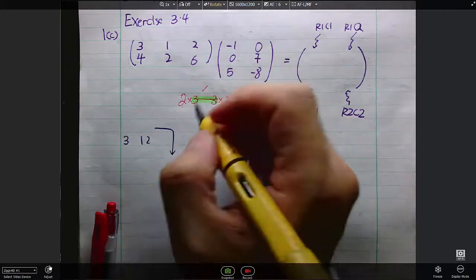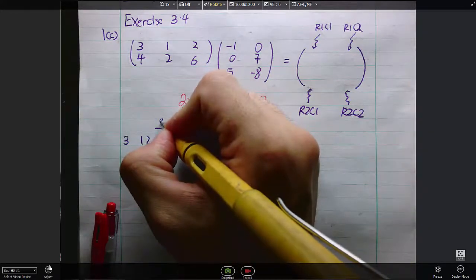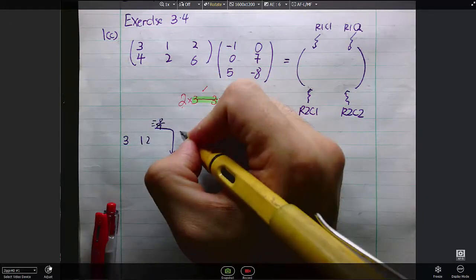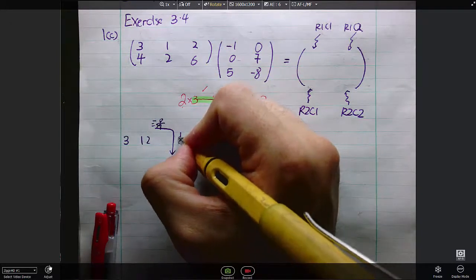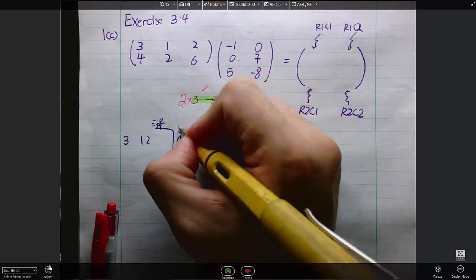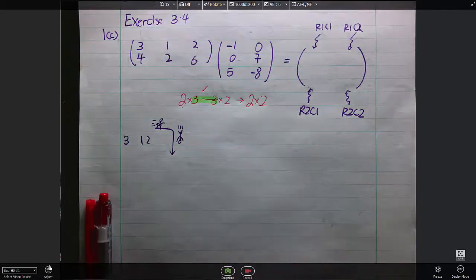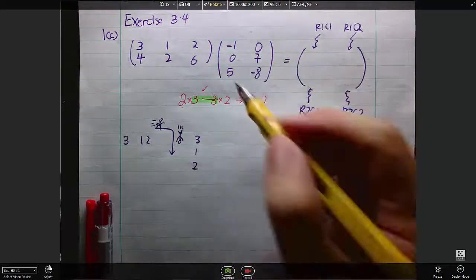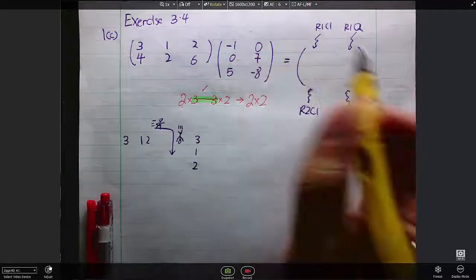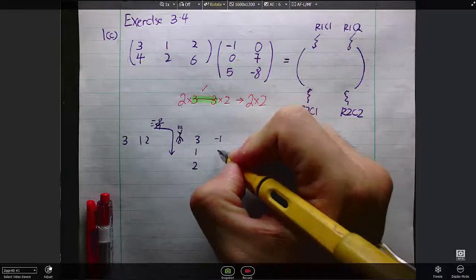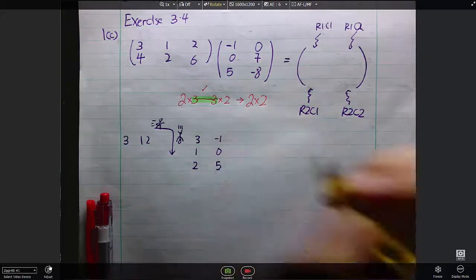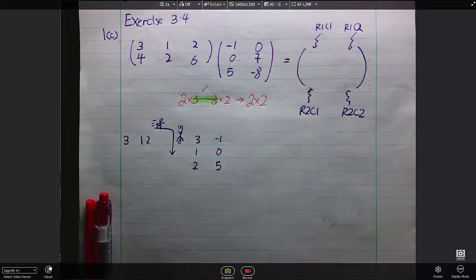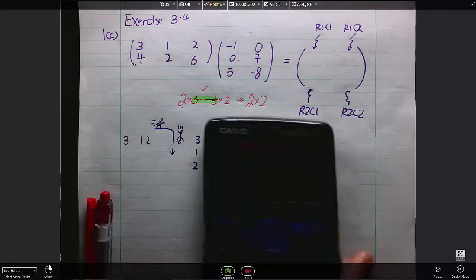Let me draw a stick man there. So 3, 1, 2 will pair with column 1 from the other matrix, negative 1, 0, and 5.